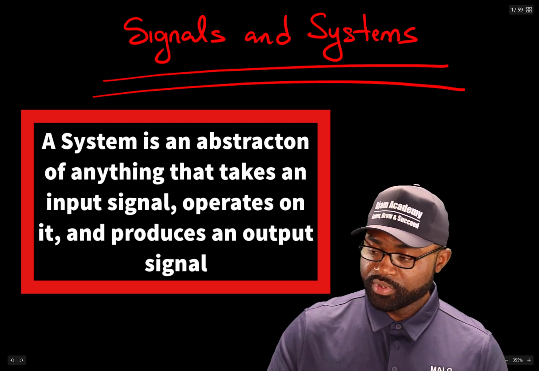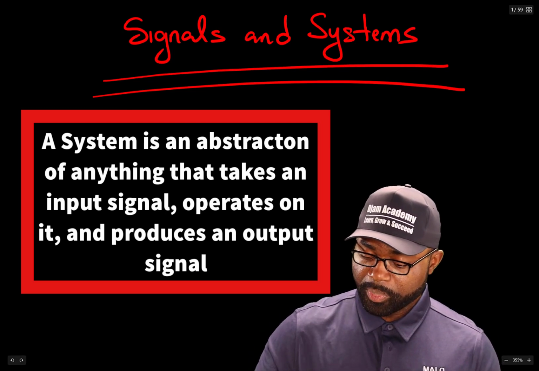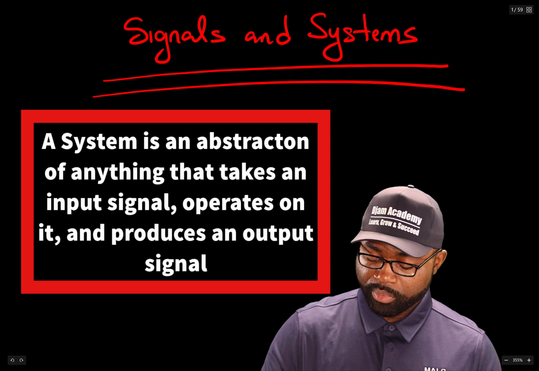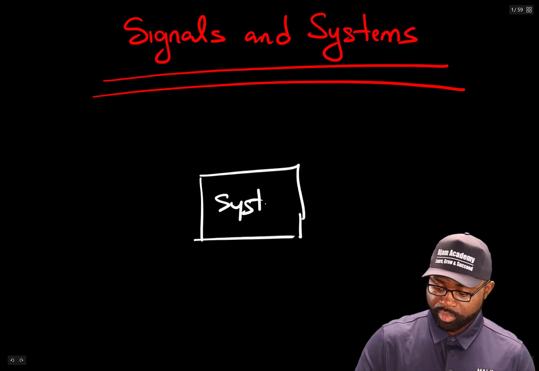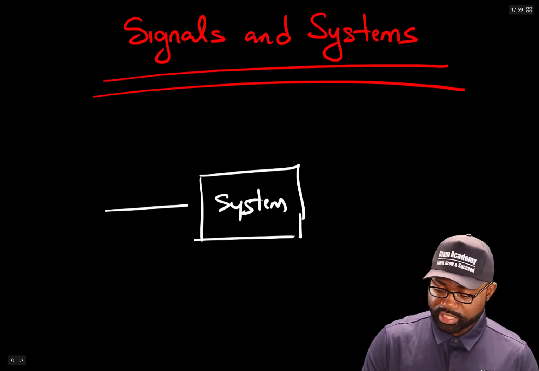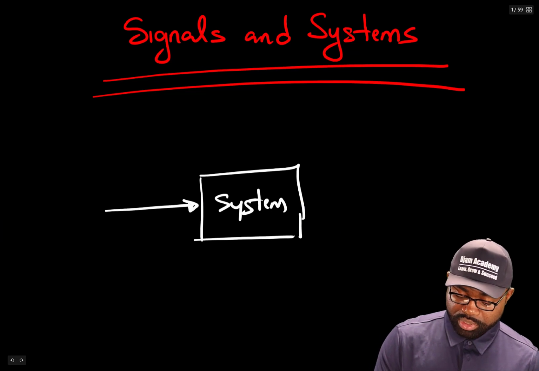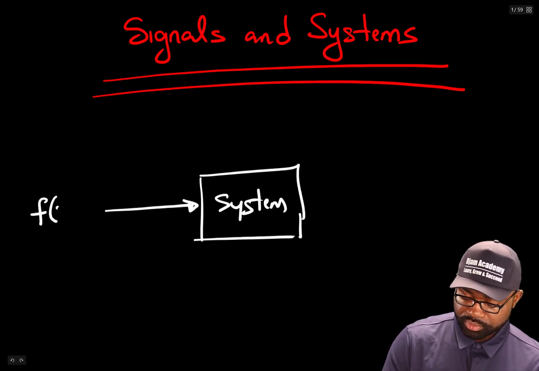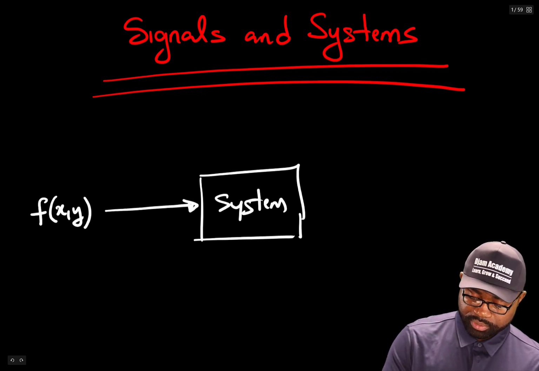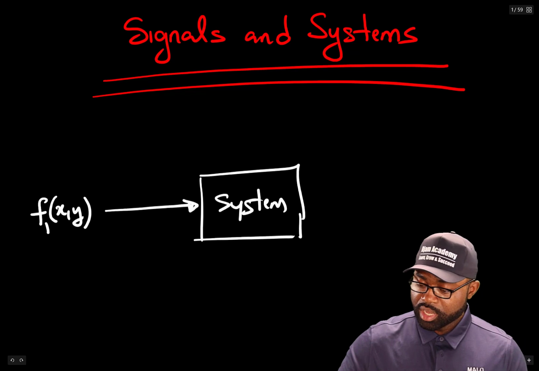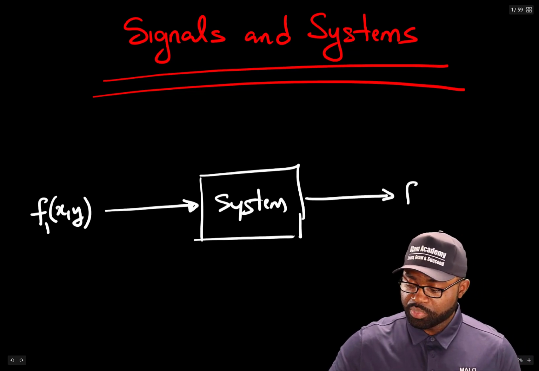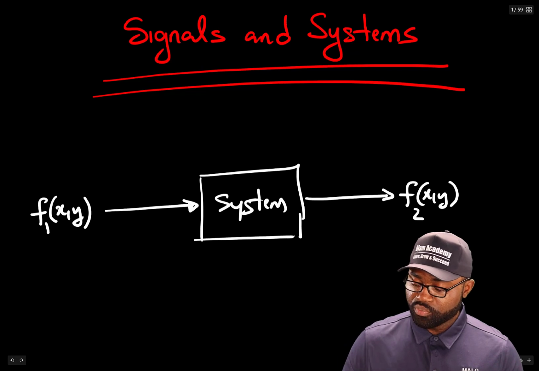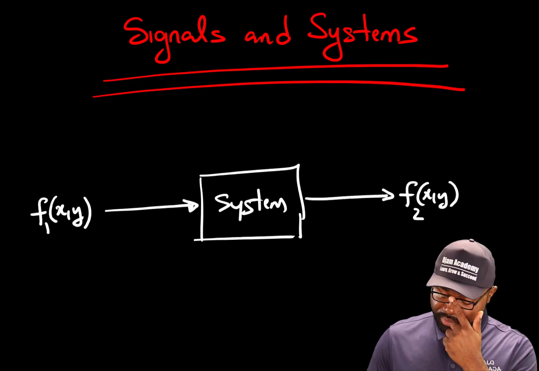So we have a system. It takes in an input signal, which is a function of one or two variables, and gives out an output signal, which may be a function of one or two variables.